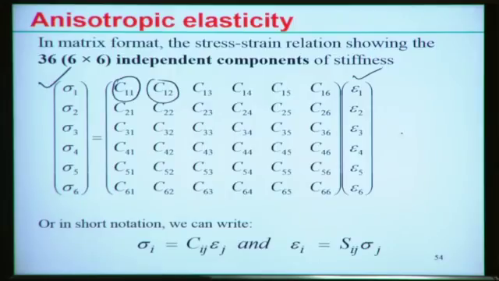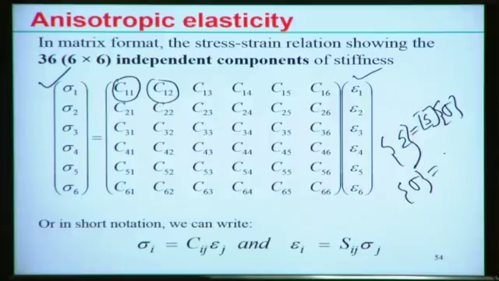In terms of the compliances, we had written strain equal to S into sigma. But here in terms of stress, we are writing the stiffness term, that means the C term. So both ways we can write this equation either in terms of S or in terms of C, but definitely in both cases we are having a total of 36 independent constant terms.